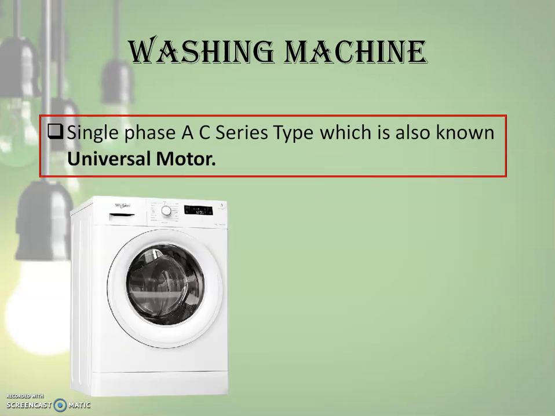Now coming to a washing machine, it needs a heavy duty motor to be able to do its job, cleaning your dirty laundry. For twin tub machines that have a washing tub and spin dryer too, two motors are needed. The front loading machine on the other hand generally makes do with one. Single phase AC series motors, also known as universal motors, are normally used.